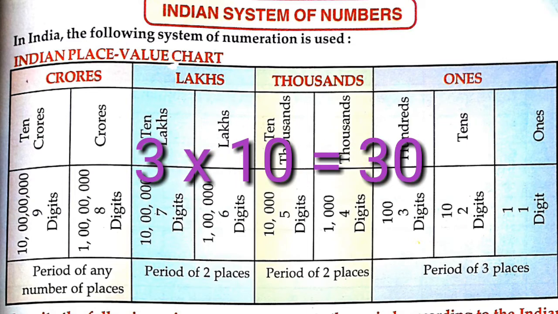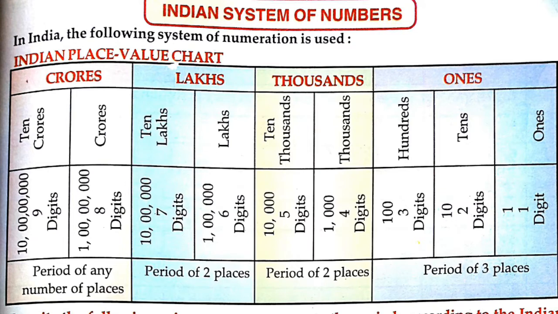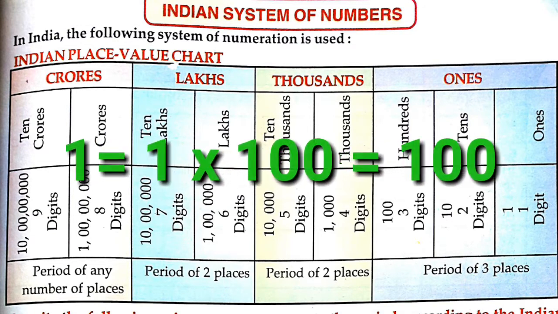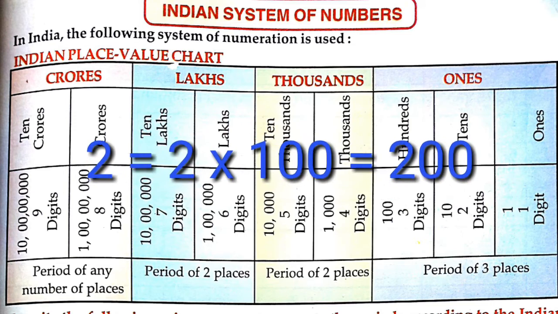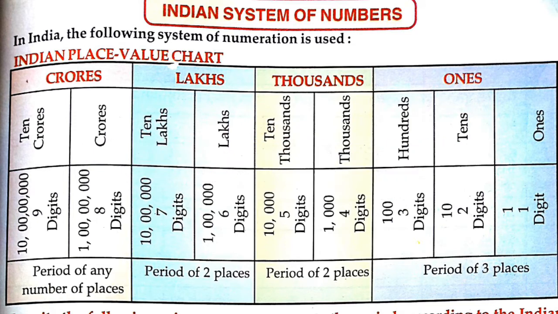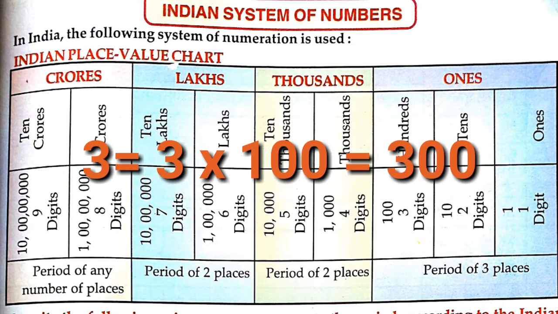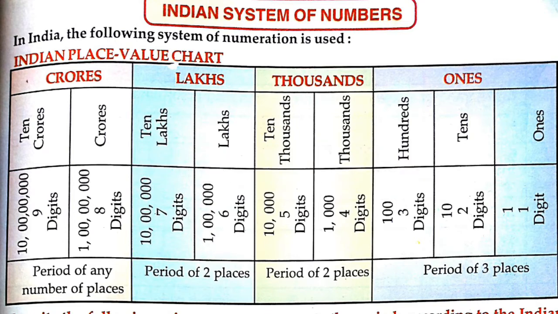Likewise, in the hundreds place, the place value is the number multiplied by 100. If the number is 1, the place value is 100. If the number is 2, it is 200. If the number is 3, it is 300.